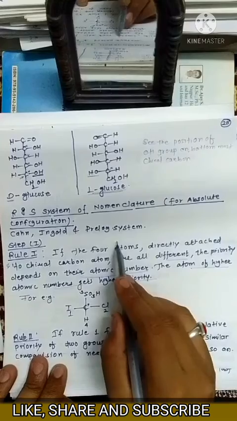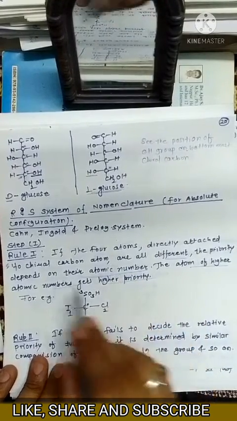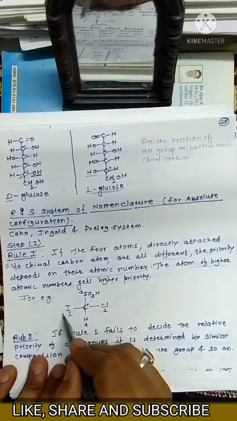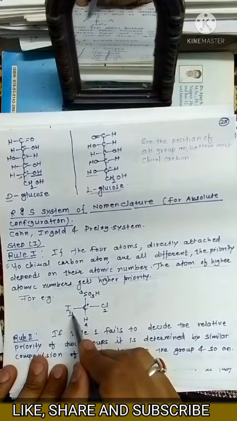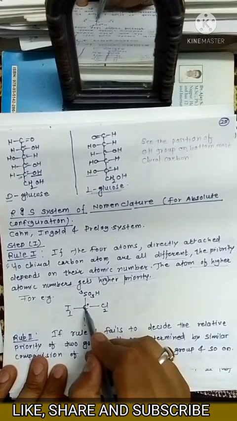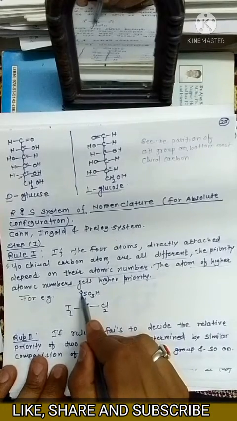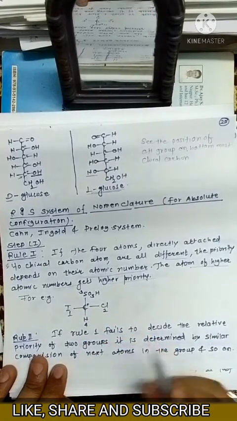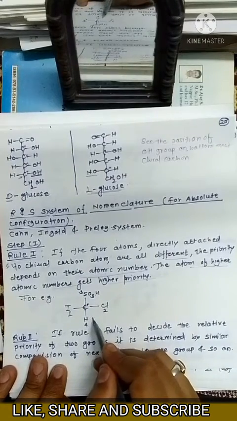According to this rule, first priority is given to the atom with the highest atomic number, so first priority goes to iodine. After that, priority goes to chlorine. Then this carbon is attached to sulfur, so third priority goes to sulfur. And the last priority goes to hydrogen. Why does hydrogen have the least priority? Because the atomic number of hydrogen is 1.